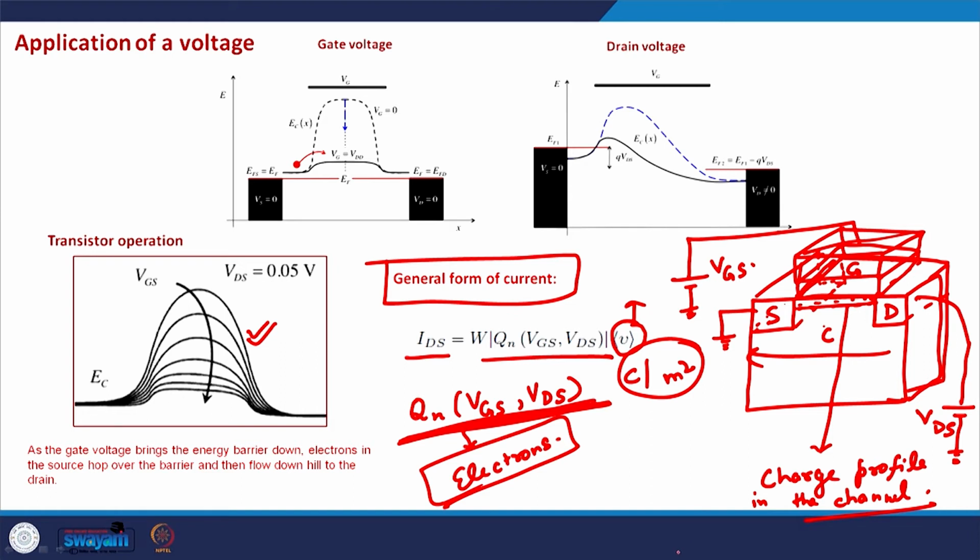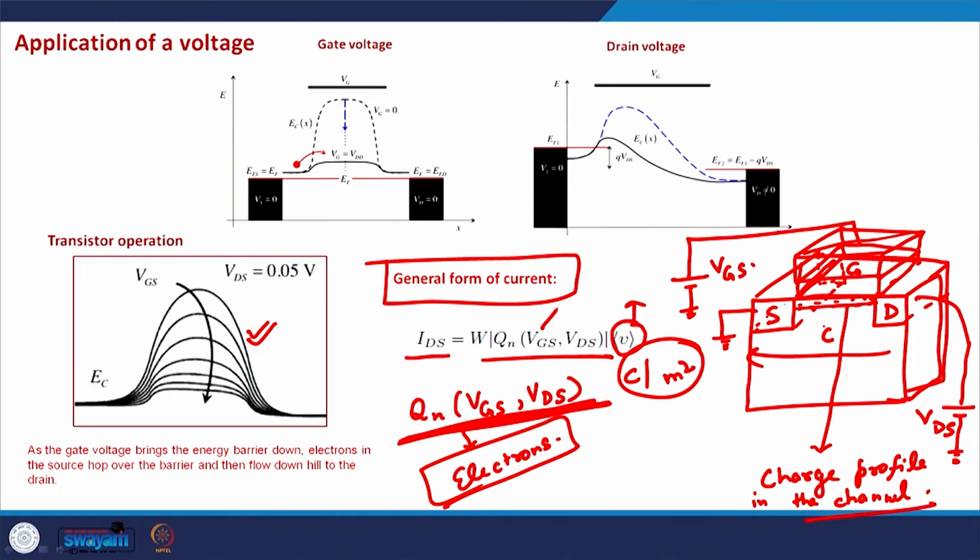So the number of electrons, as we have also seen during our discussion on the transport theory, depends on the applied voltage. So the number of electrons in this case will depend on both VGS and VDS, and the velocity of electrons crossing this barrier will depend on the electric field ideally, and typically this velocity is the velocity of charge carriers.